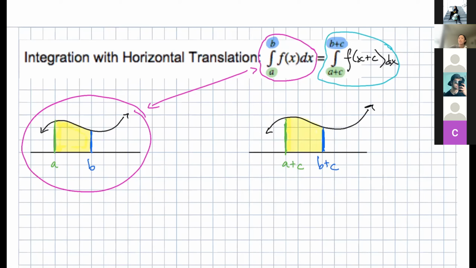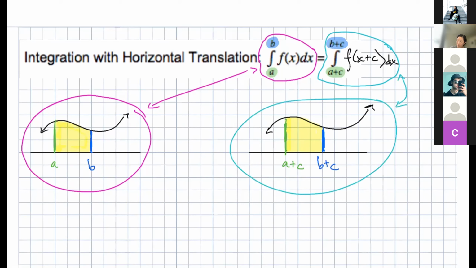So if we move the entire function in one direction, it's almost like we just picked up the whole picture and slid it over. And so the area is still going to be exactly the same. Okay. And we can see that our diagram here matches this part of the equation.